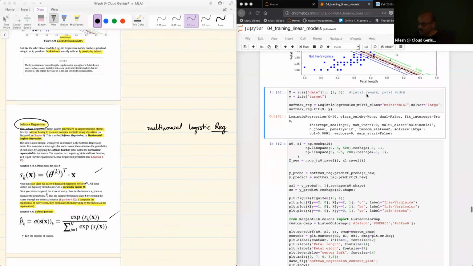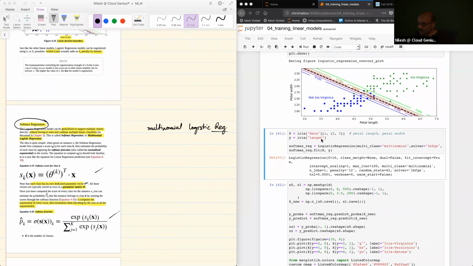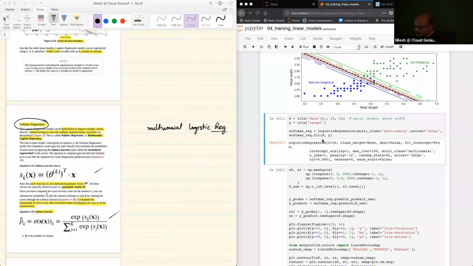And now discussing the ideas regarding our softmax regression. Where is that one? That's what I want to get to. So this is your softmax regression starting point. What we are going to load up now is the softmax regression fit on the target values, and we are taking just petal length and petal width.